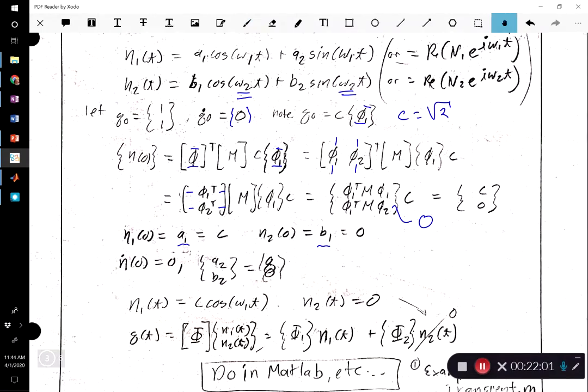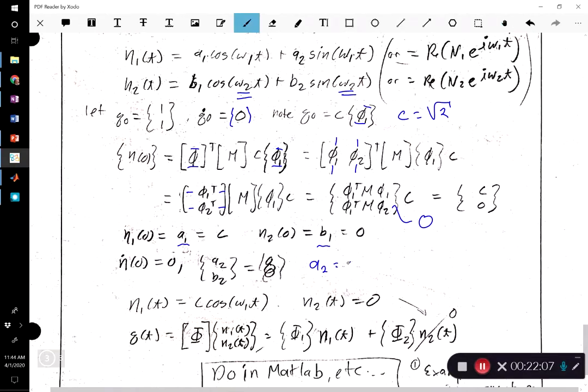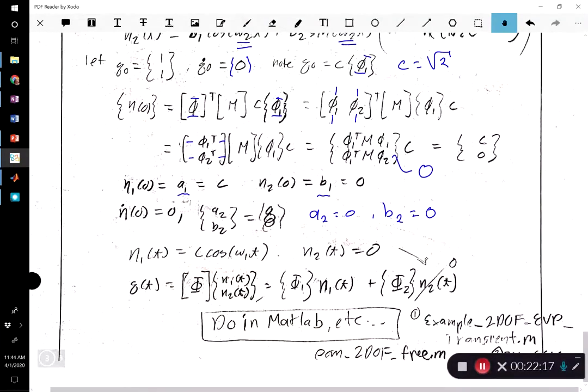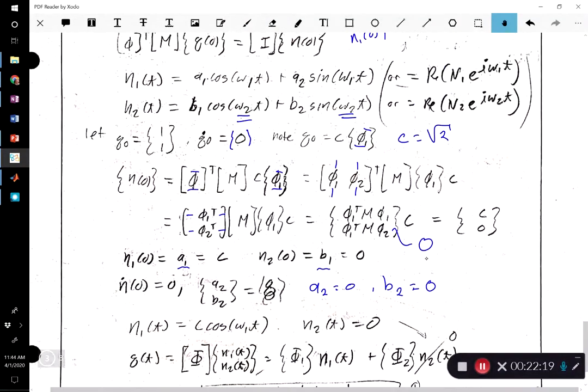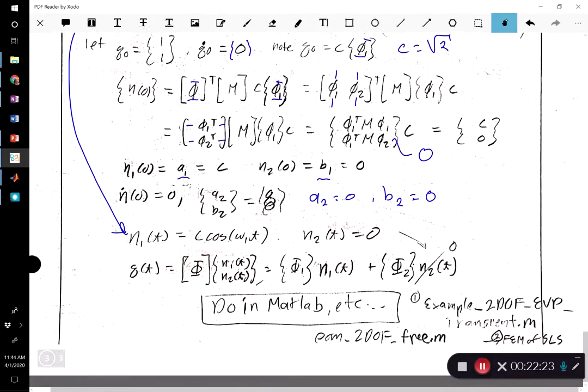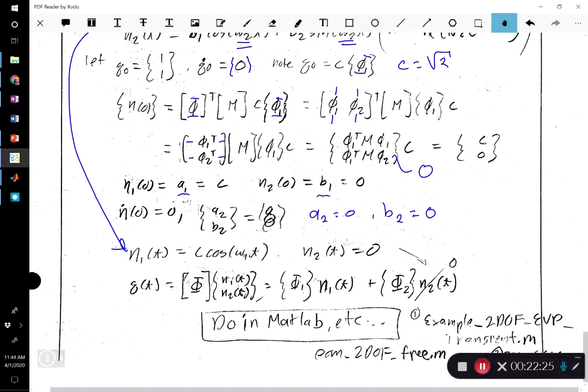So that basically is going to tell us then that A2 is equal to 0 in the first equation, and that B2 is equal to 0 in the equation for mode 2. So plugging that all in, our solutions up here have become way simpler. They're just C1 cosine omega 1 t. Eta 2 of t is just all 0.